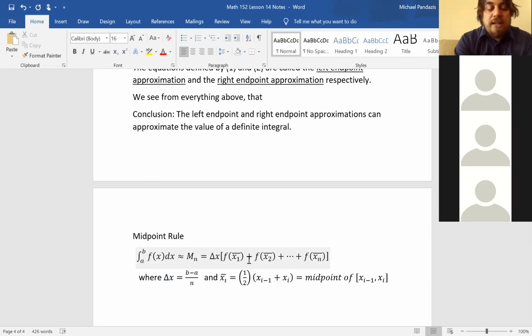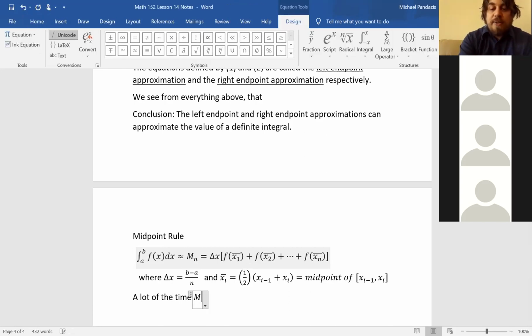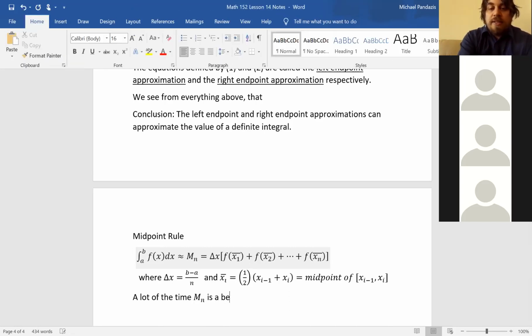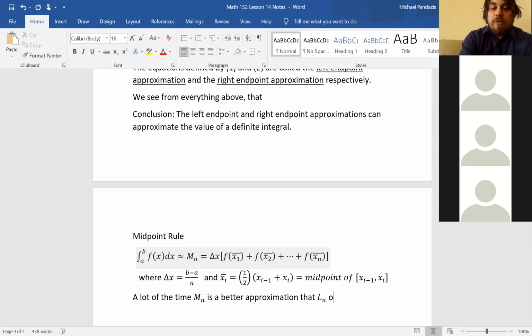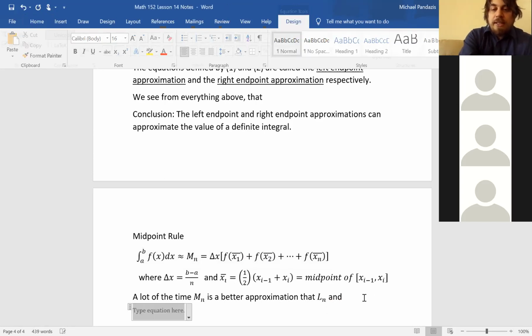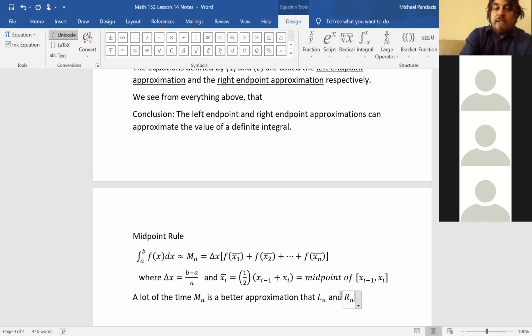Okay, and so a lot of the time, not always, M sub n is a better approximation than L sub n or R sub n. It's better than both. And so your graph is changing along the interval, right?